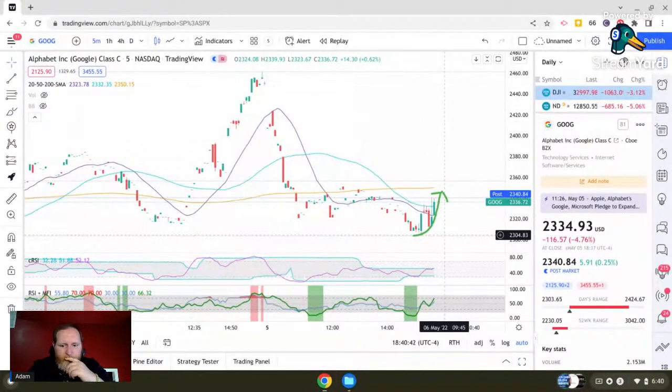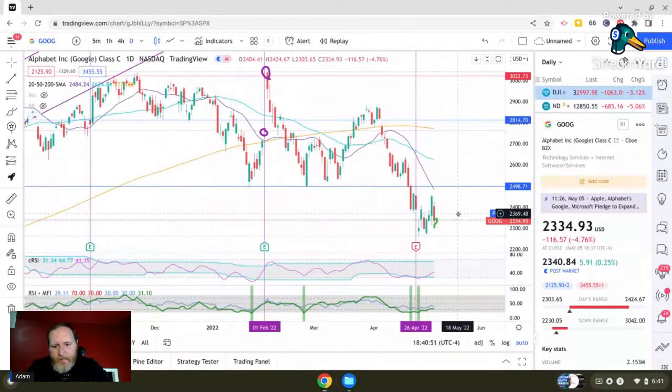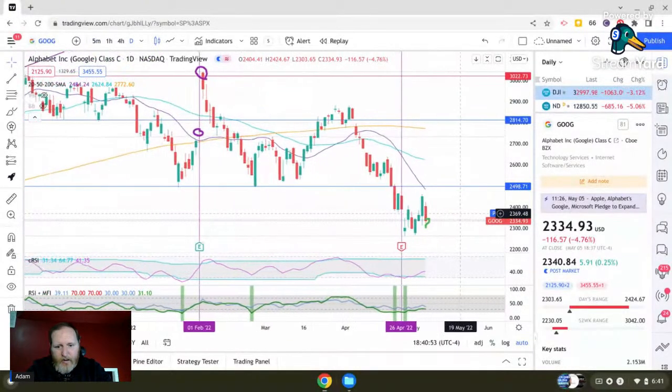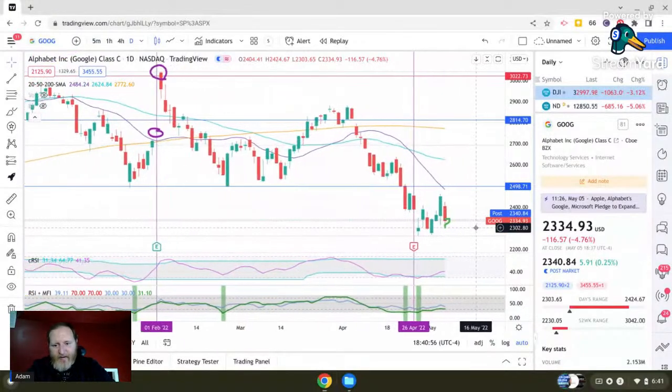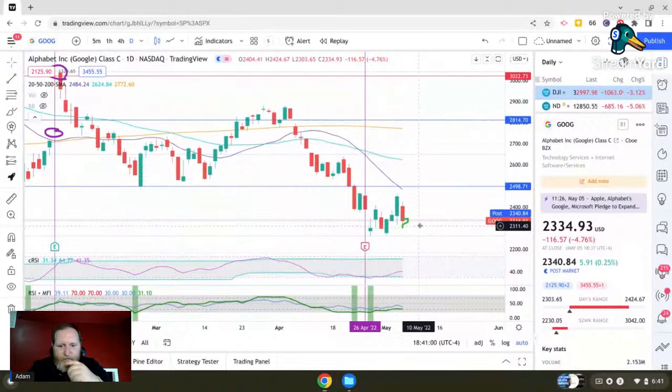Now, I find this interesting. Let's go look at the daily chart here for Alphabet. And yeah, my squiggly line doesn't look like an arrow now. But the point is, the candle got to a low here of 23.03.